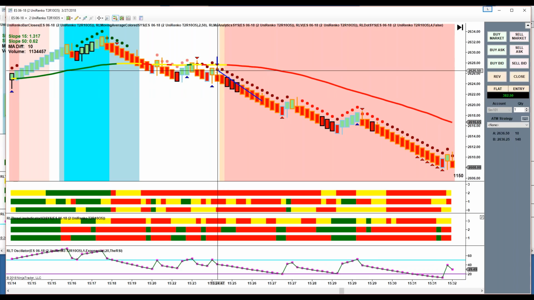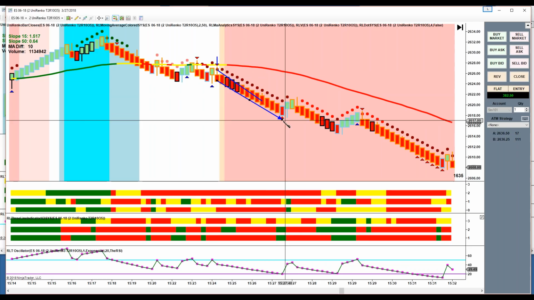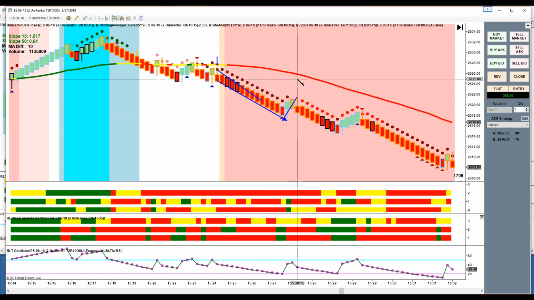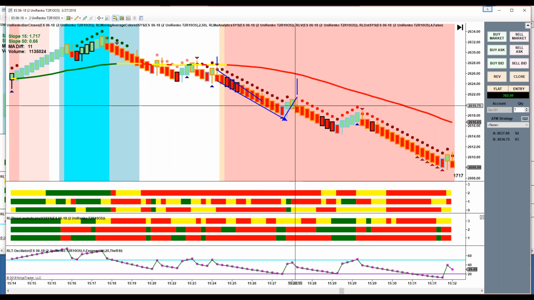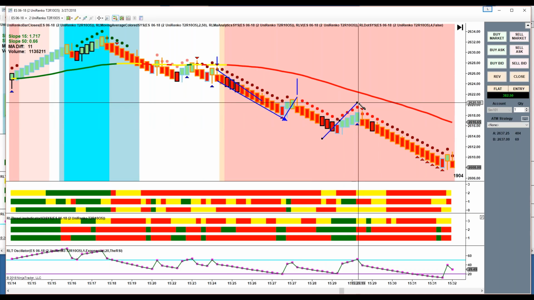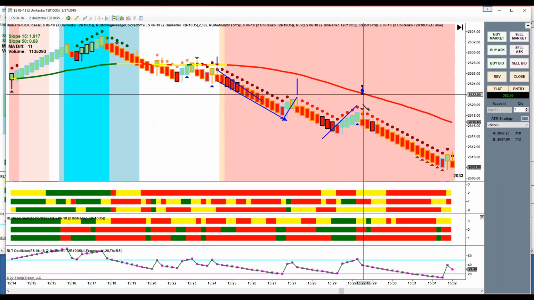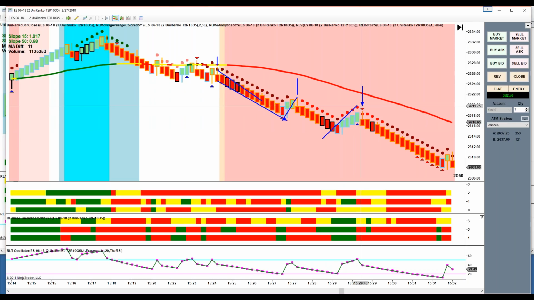The NASDAQ and the Russell are heading down, nice and strong. You've got the oscillator signal, and man, you're all over that trade. Then it comes back. You can't take it short. You don't have the dot. But then it comes back enough to give you an oscillator signal and the dot on a continuation trade.